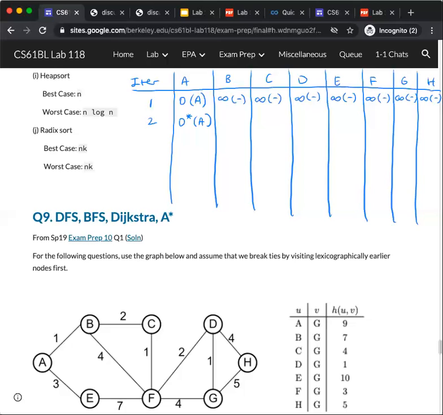So I'm going to denote that with an asterisk, which signifies that it's the optimal shortest path distance found by the Dijkstra algorithm. Once we have popped off A, we look at all of A's neighbors, which are B and E. B has a shortest path distance of 1 from A, and E has a shortest path distance of 3 from A, and everything else stays as it is.